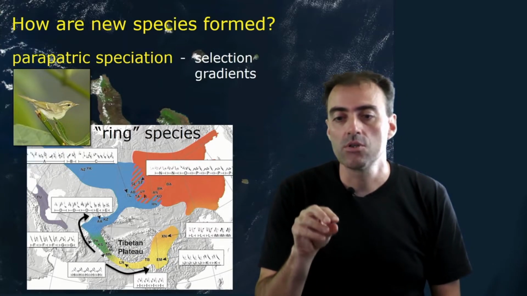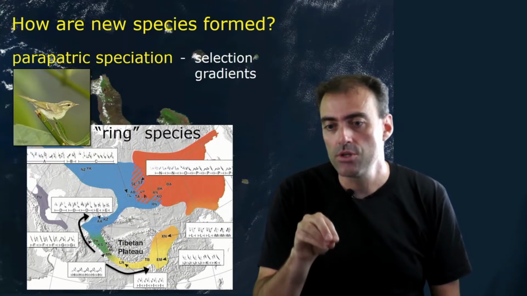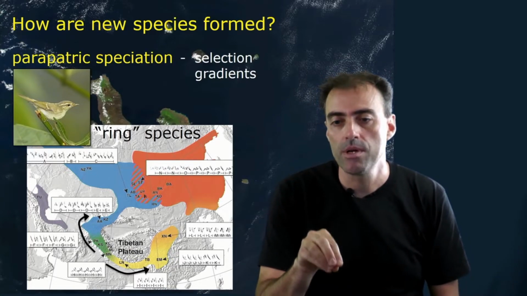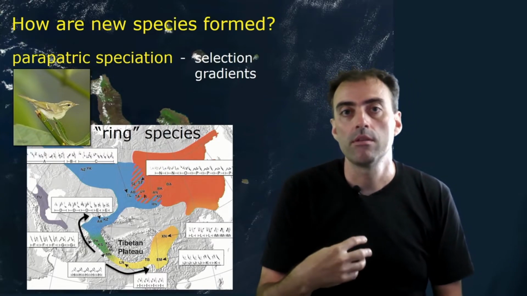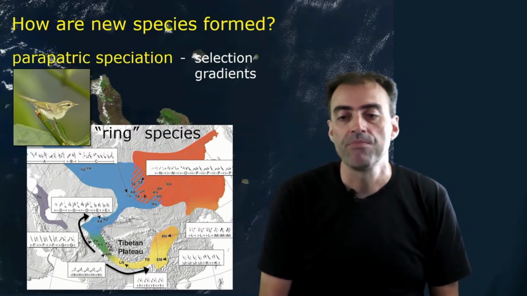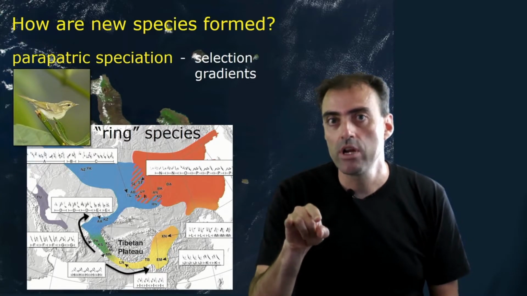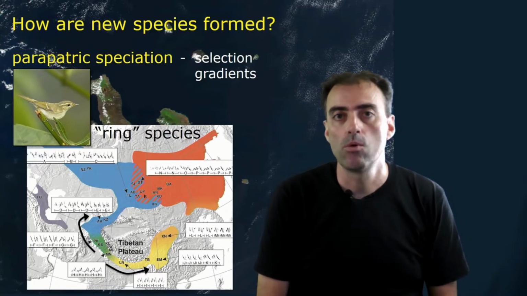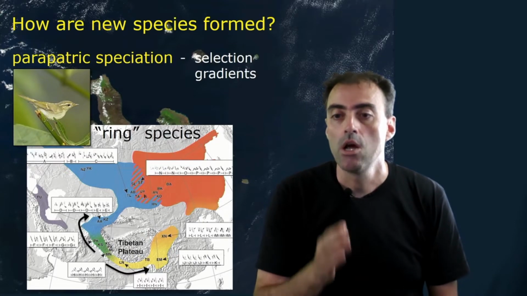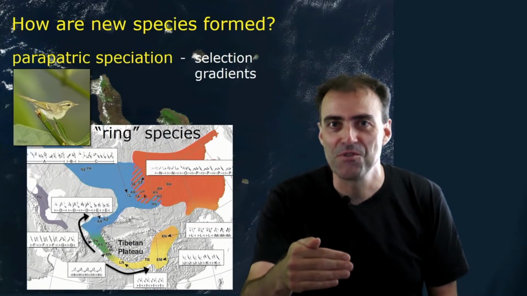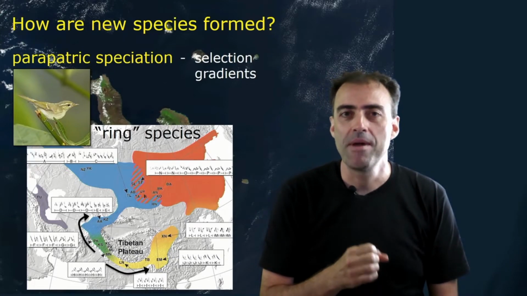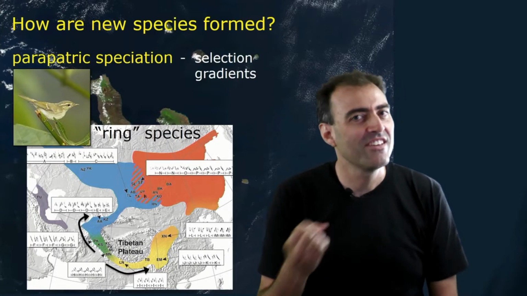If we were to focus on the ancestral distribution, the area in green there on the Tibetan Plateau, and moved out into the blue region, we would find that they would be able to interbreed with each other. But at the tips of this ring, they're no longer capable of recognizing each other as the same species and no longer interbreed. Reproductive isolation has been imposed. So at the tips, they're different species, but at the ancestral distribution, they're the same species.